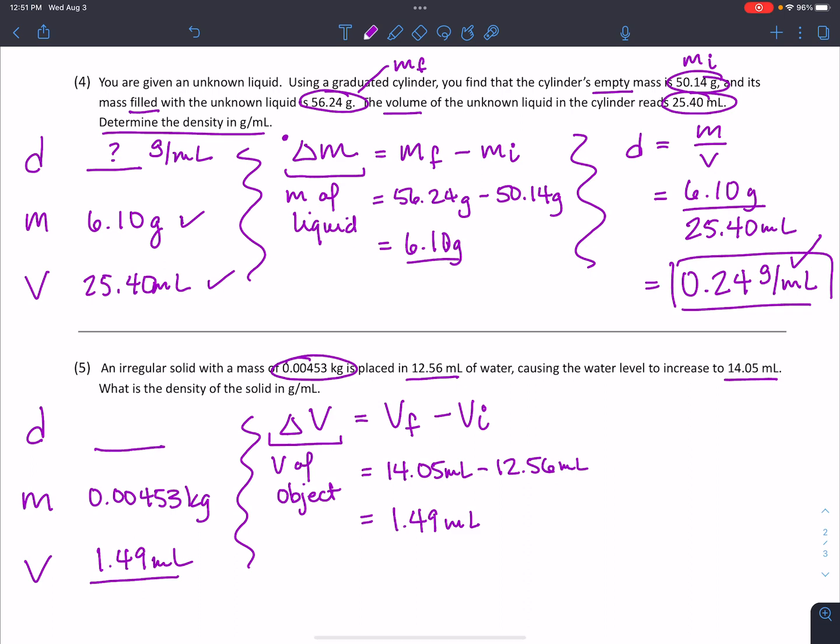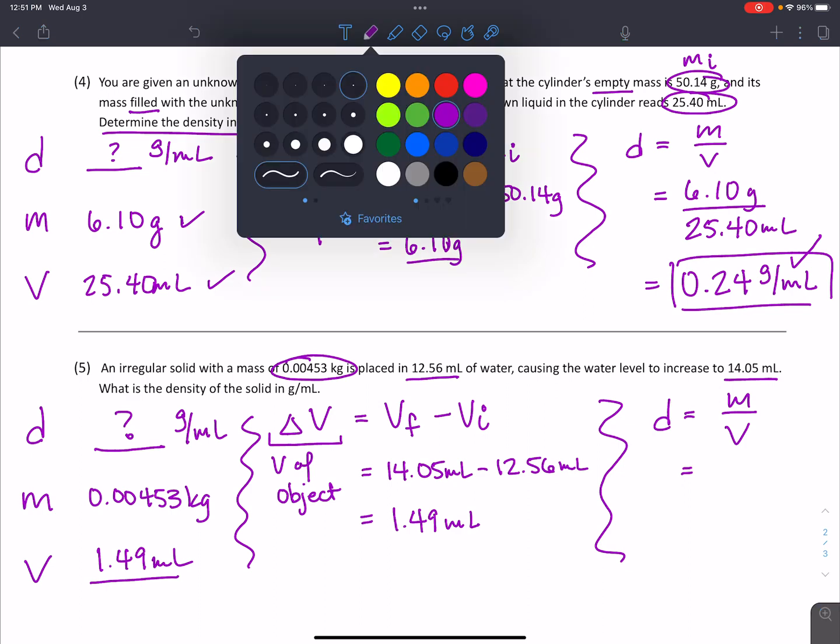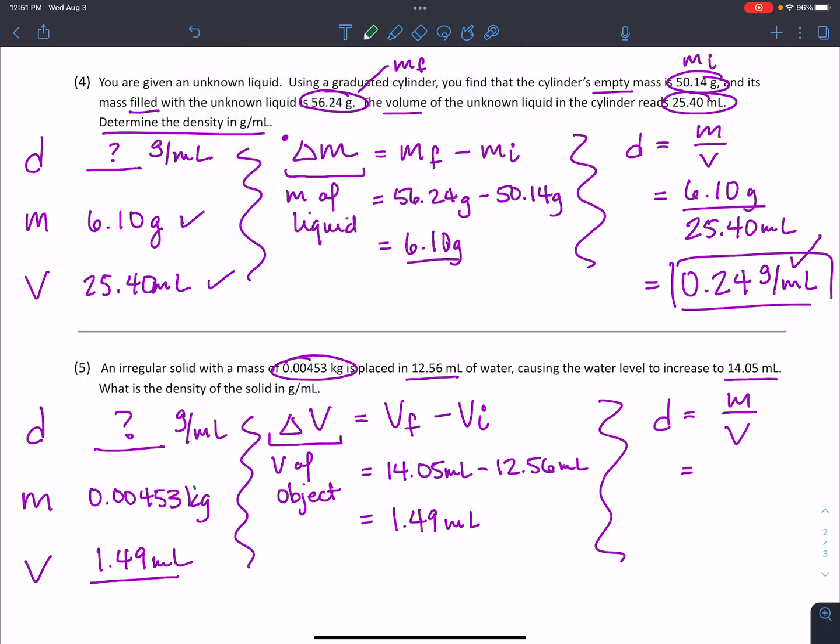So with that in mind, we can calculate our unknown, which is going to be the density. The density is equal to mass over volume, and here the mass is 0.00453 kilograms. Uh-oh, we have a problem. We have a unit of kilograms, but the problem asks for that answer in just grams. So we're going to need to do a conversion before we can go into our formula.